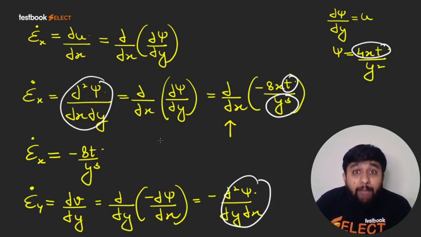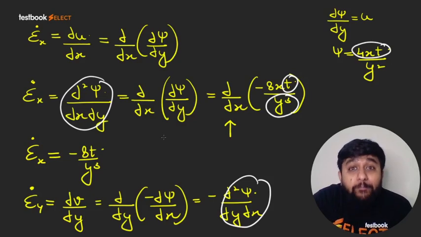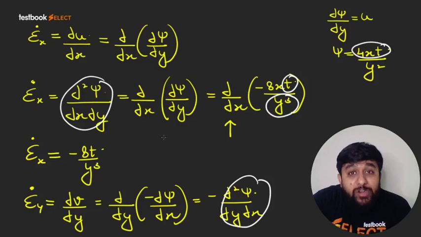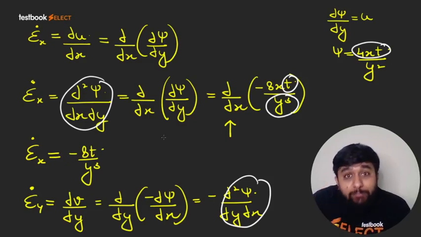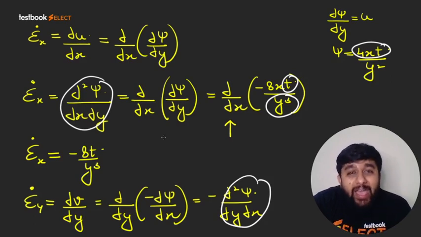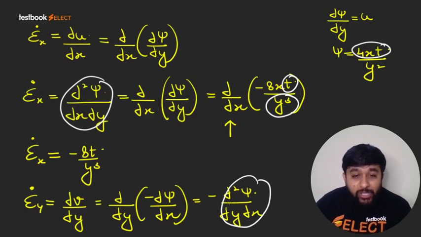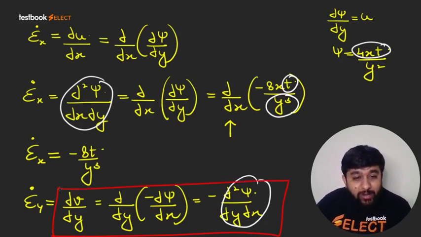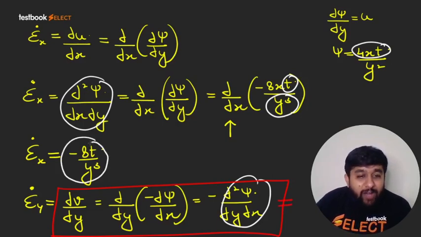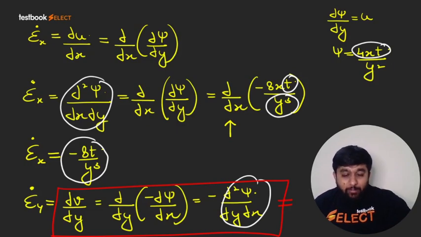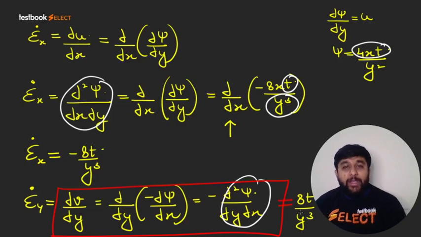And it should happen like this, because this is an incompressible flow. If it is an incompressible flow, the rate of volumetric strain at any point must be 0. Therefore, epsilon dot x plus epsilon dot y must be 0. So epsilon dot y has to be negative of epsilon dot x. So why do this additional calculation? Directly say that epsilon dot y is the negative of epsilon dot x. That will be 8t by y cube, right?